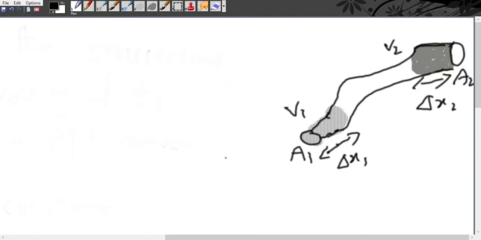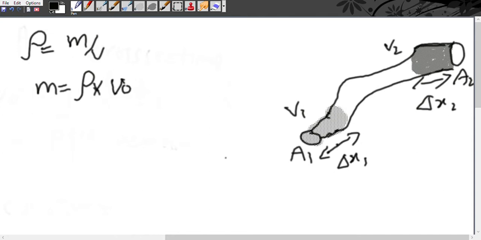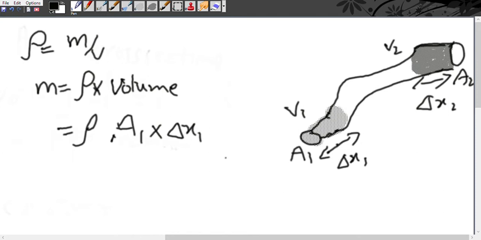We all are familiar with a very basic equation that density is equal to mass per volume. From this equation, if we want to find the mass of the fluid, mass will be equal to rho into volume. At the lower end, the volume will be equal to cross-sectional area A1 into delta x1.